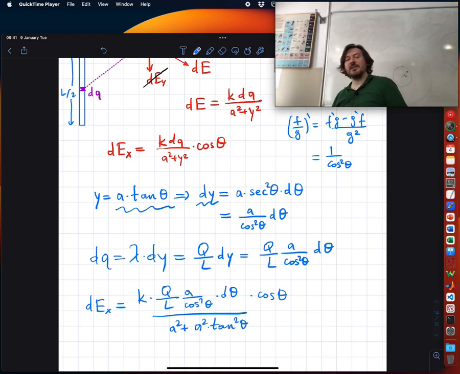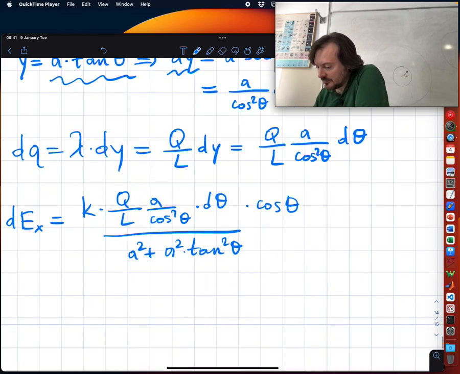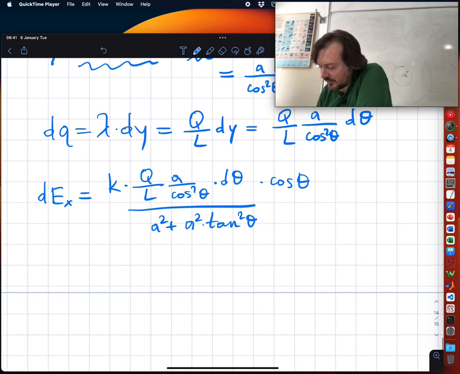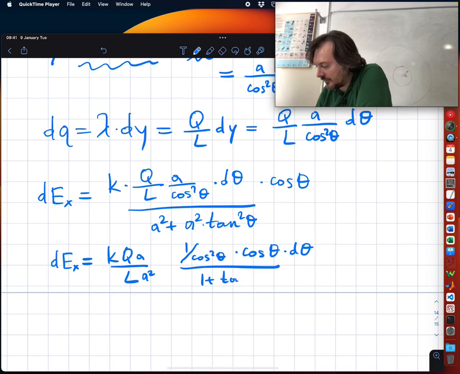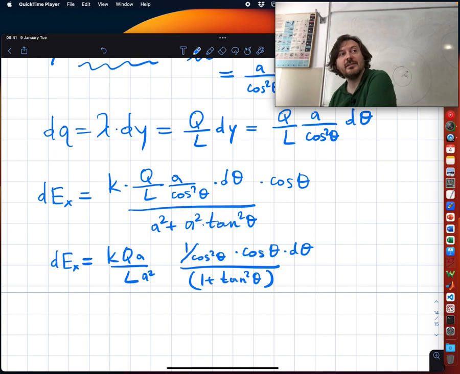So you see everything turned into theta. And by some magic, we are going to get rid of a lot of those theta. Wait a moment. k, q, a over L, and a squared comes out. I have 1 over cosine squared theta times cosine theta d theta and 1 plus tangent squared theta. What is 1 plus tangent squared theta?